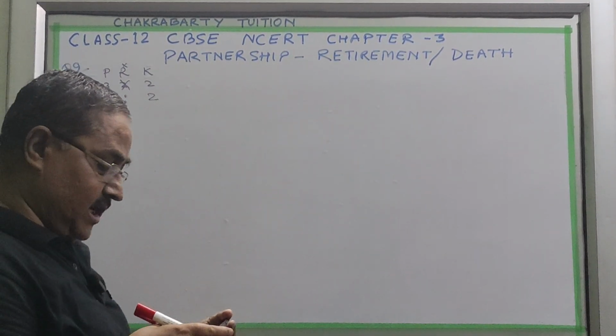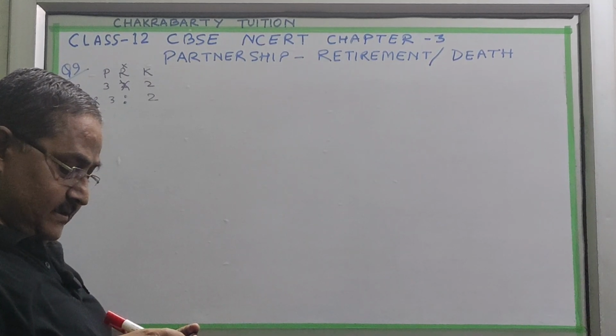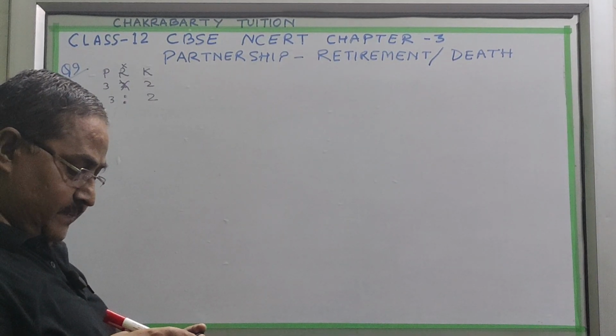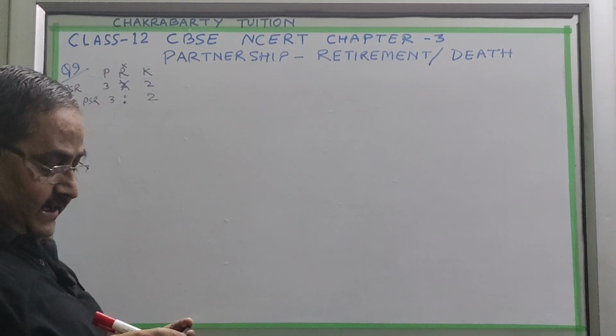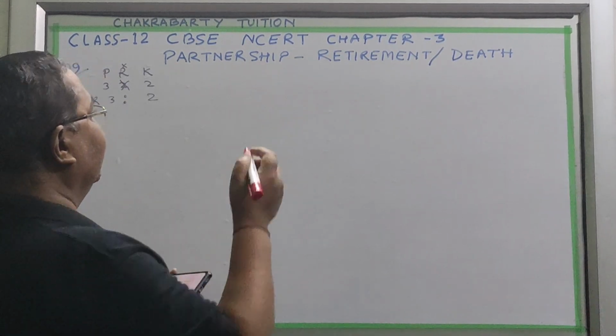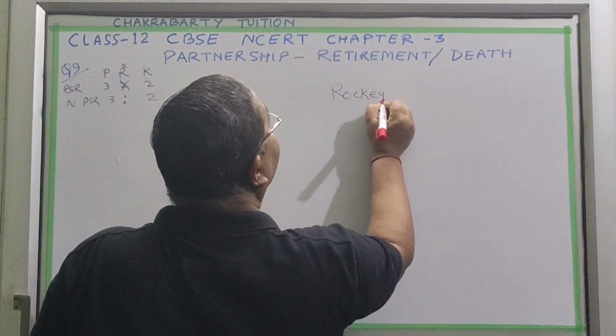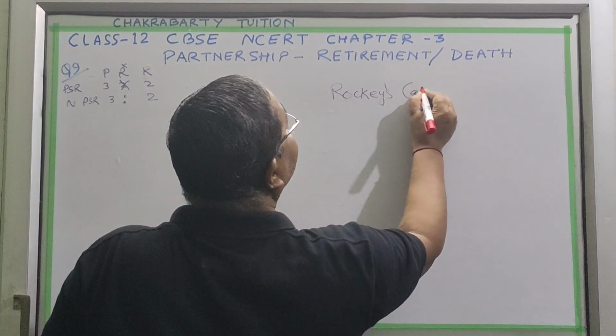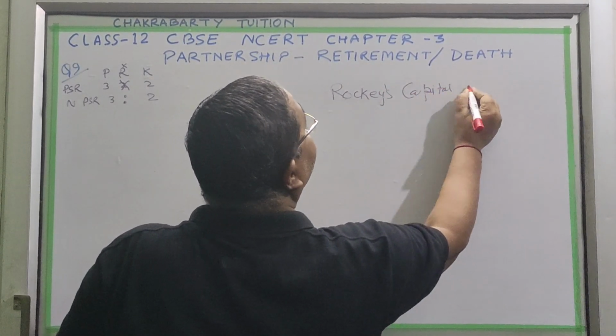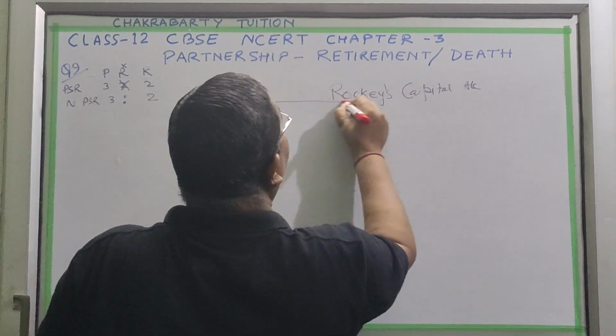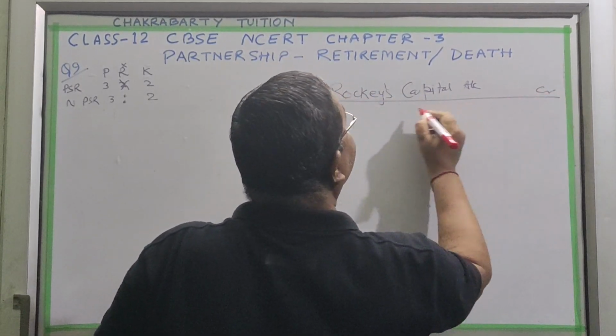In the question, you have to prepare general ledgers, the journal and Rocky's capital account. So first we will start with Rocky's capital account. This is your credit side.